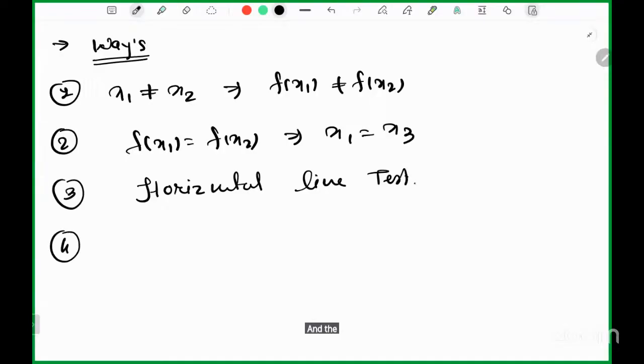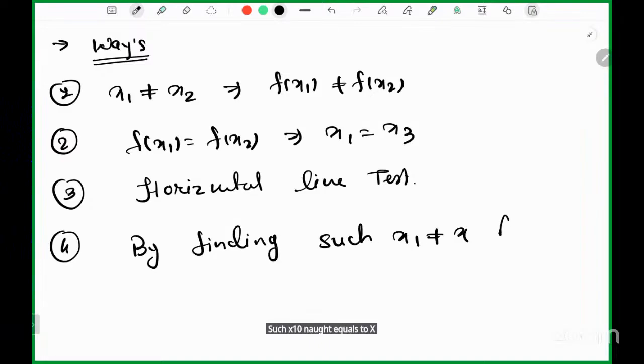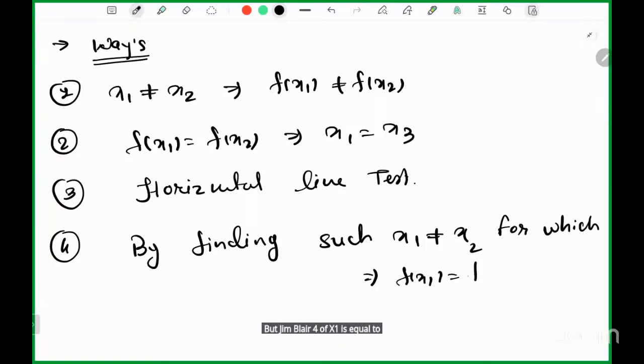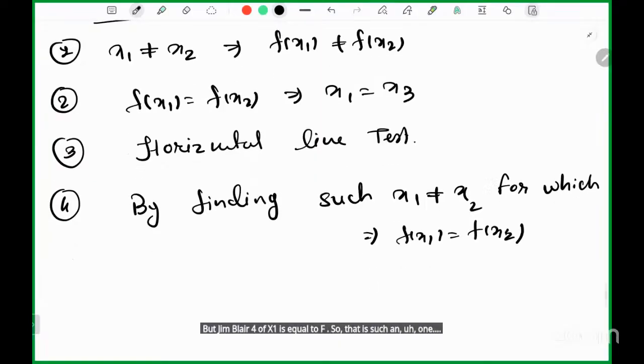And the fourth thing is you can find counterexamples, that is, find x1 not equal to x2 for which f of x1 is equal to f of x2. Like in the example of x to the power 4, we found that 1 and -1 will do the job, right? So that is one particular type of example.